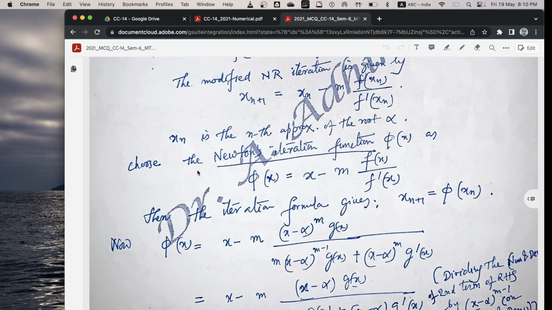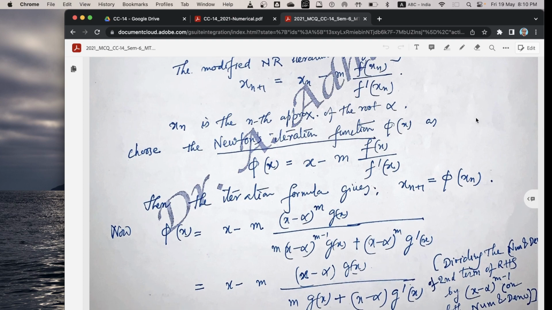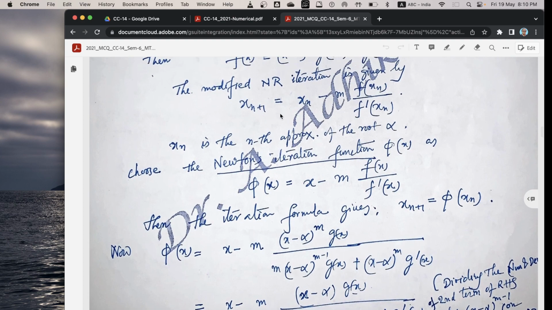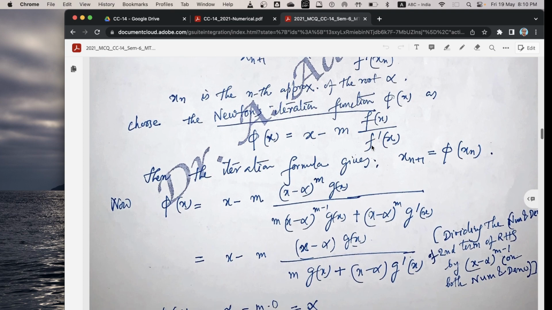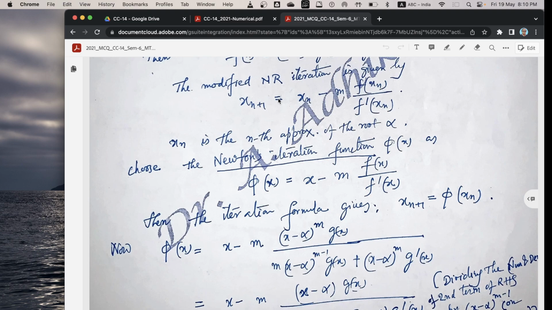Now we choose the iteration function phi(x) equals x minus m into f(x) by f dash x. Then the iteration formula gives x(n+1) equals phi(x(n)).